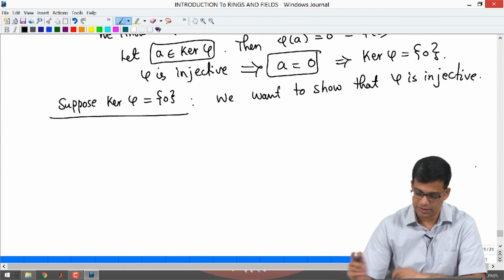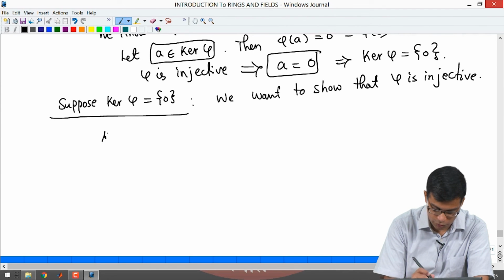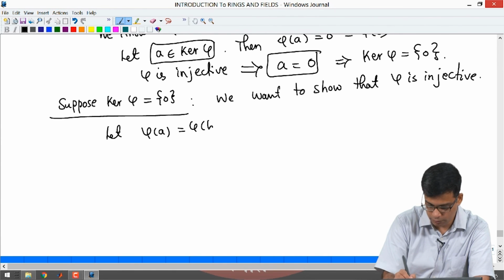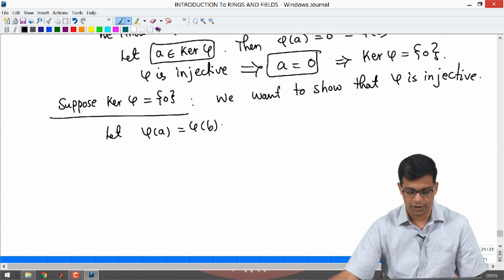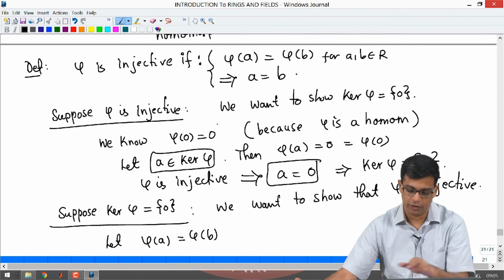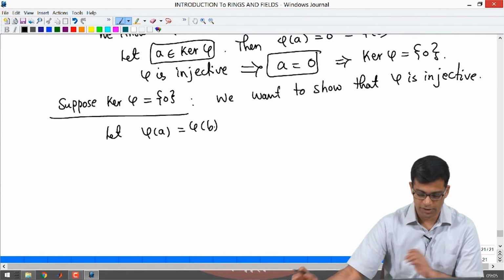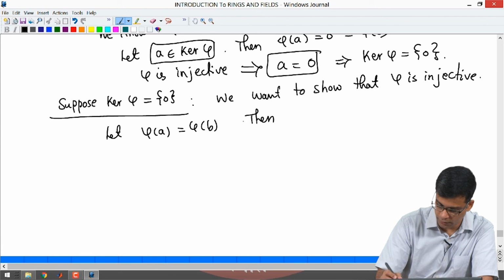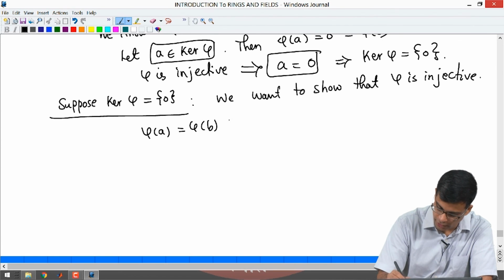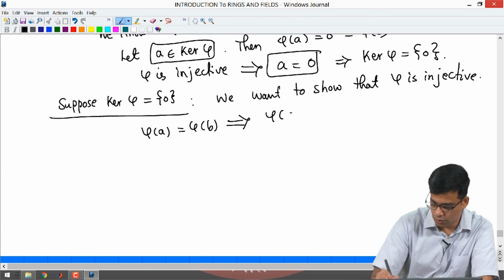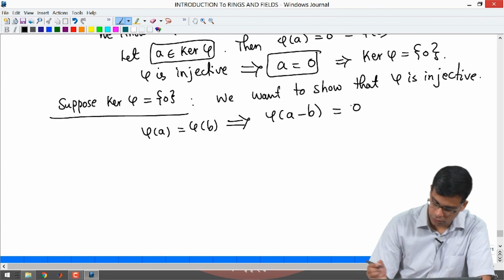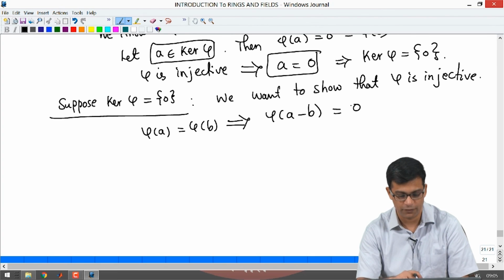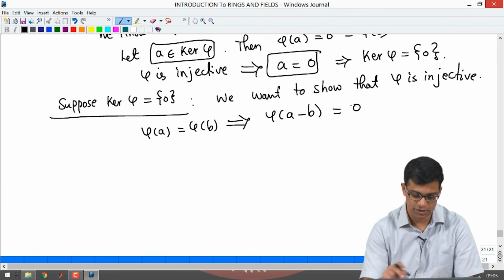Let phi of A equal phi of B. The definition of injectivity says we want to show A is equal to B. By definition of ring homomorphism, phi of A minus B is phi of A minus phi of B, which is 0.